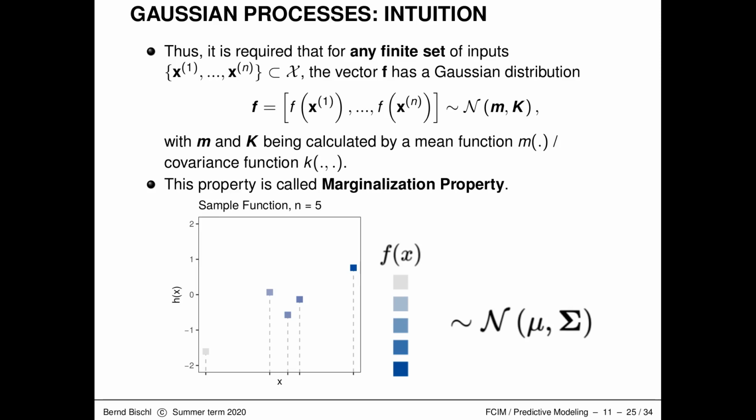So whenever we look at these finite dimensional input points, in order to model the outcomes, we can work with finite dimensional Gaussians. So if you want to keep this short, you can say that a Gaussian process is defined by the fundamental property that every finite dimensional marginal distribution is Gaussian.